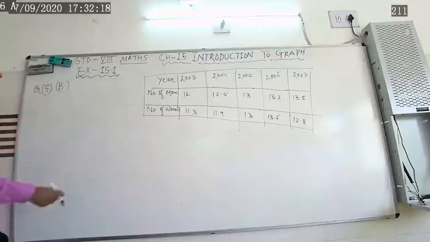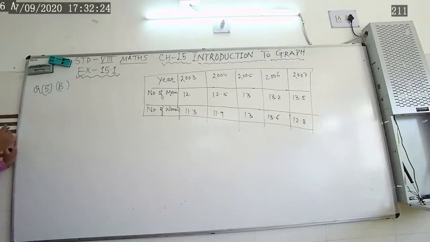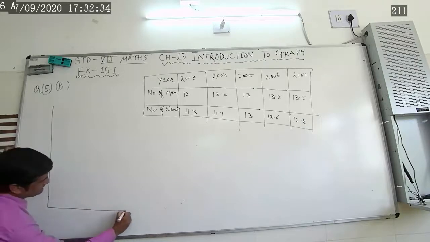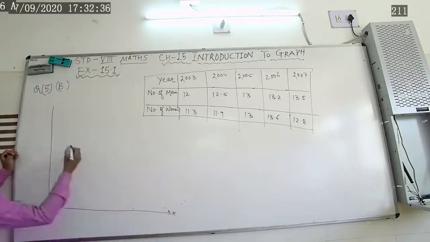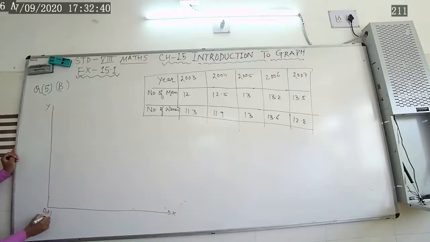So this graphical representation with respect to men and women we have to show. The graph I am going to draw here: x, y, 0, 0.